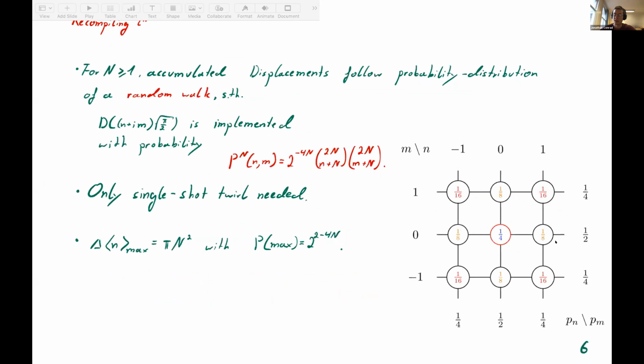And if you have multiple of these twirls, then you can simply combine the displacements and look at the probability amplitudes for the accumulated displacement amplitudes. This is something that you can compute, and we have this closed form such that if you wanted to actually implement this, only a single shot twirl would be necessary.